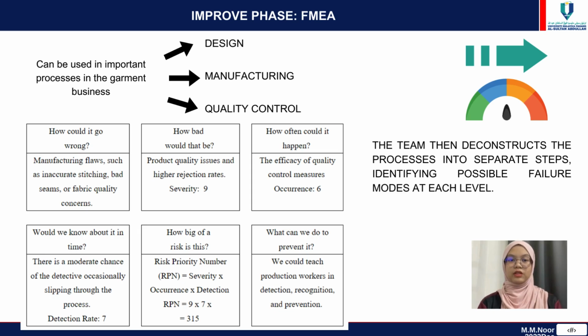Next, we also use FMEA in the improve phase, which is used in important processes in government and business such as design, manufacturing, quality control, and distribution. The process begins with the formation of a cross-functional team with diverse experience, and the team then breaks the process into separate steps and identifies possible failure modes at each level.